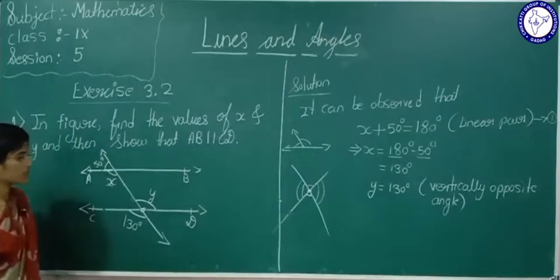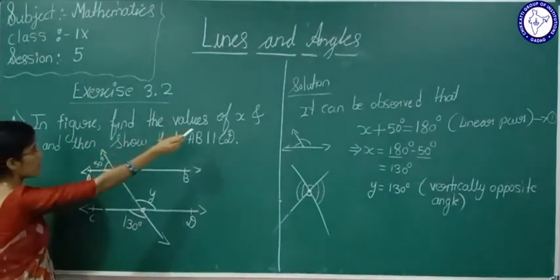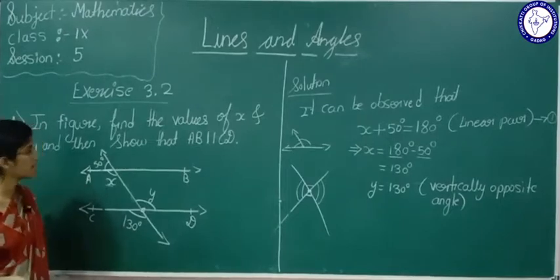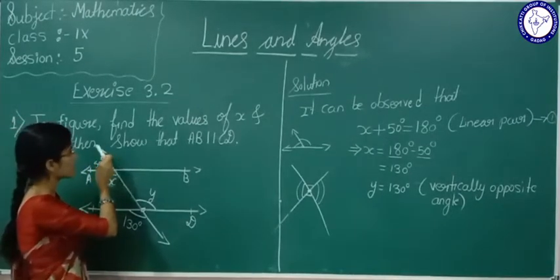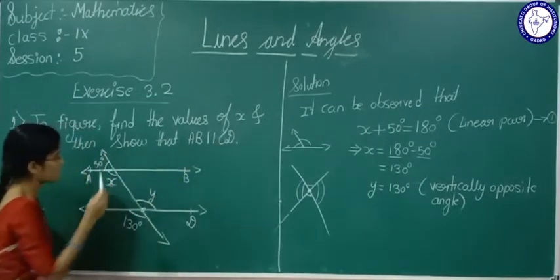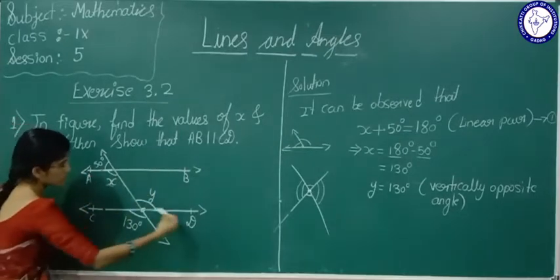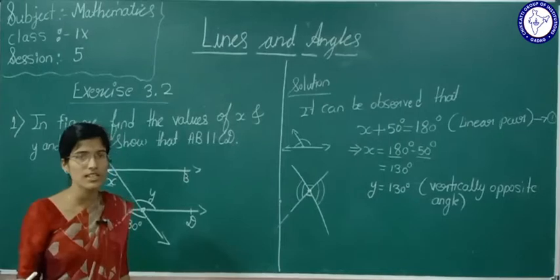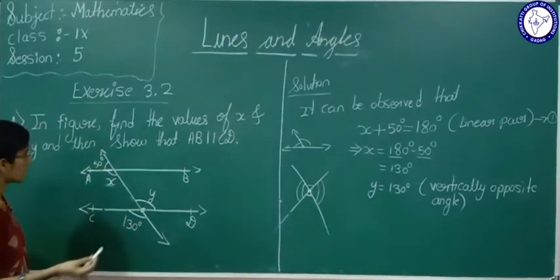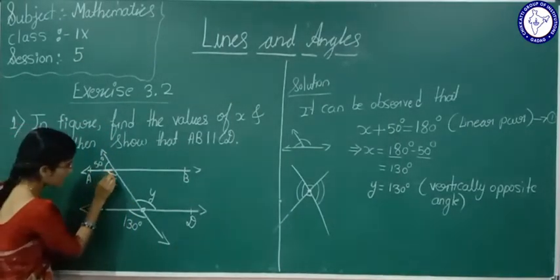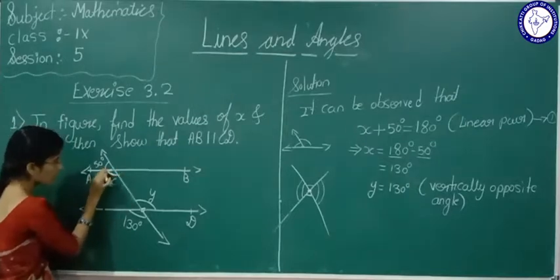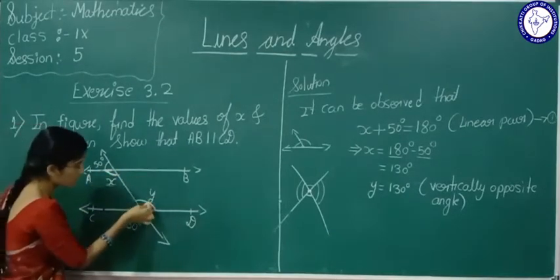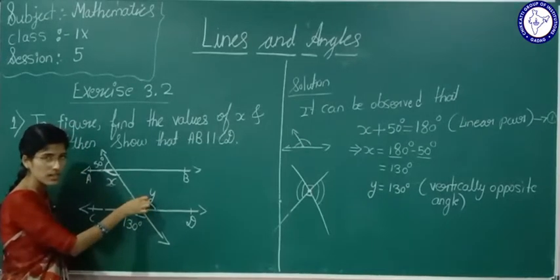Now see here, students. We now know the value of x and the value of y, right? Again they have told us to show that AB is parallel to CD. We will use the theorems we learnt in the last class. Here the x value we got is 130 degrees, and y we got is 130 degrees, right?